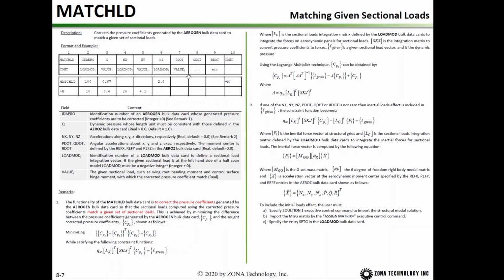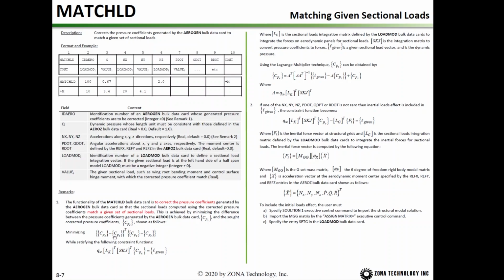In the match LD, we use a Lagrange multiplier method to adjust the ZONAIR computed CP in order to match the wind tunnel measured component loads. The ZONAIR computed CP generated by the AEROGEN card is called CPZ, and the corrected pressure coefficient is called CPC.